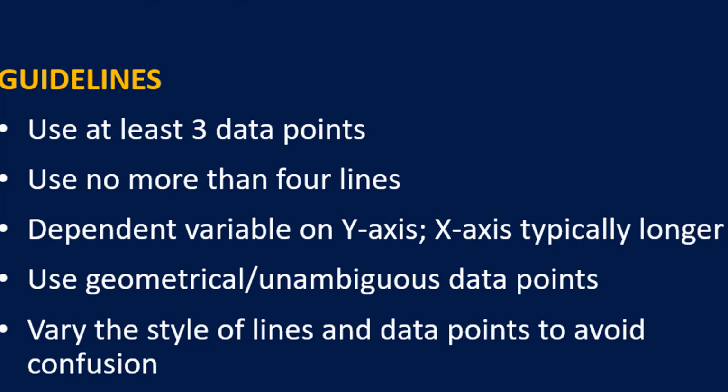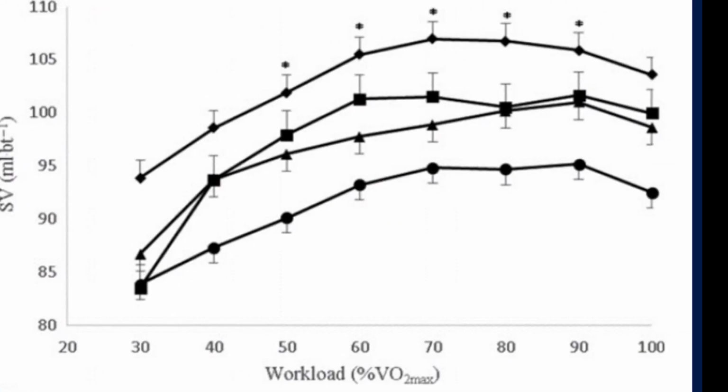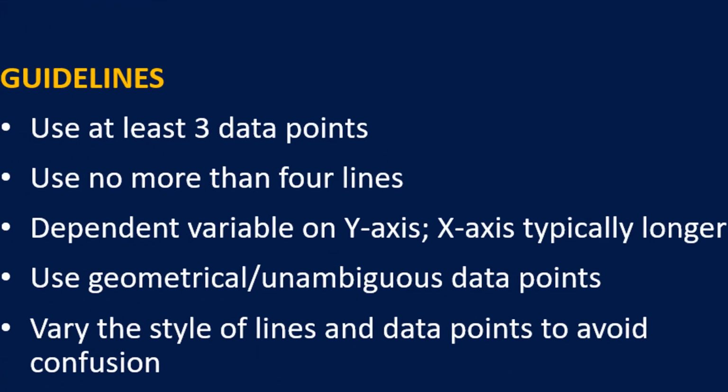So if you look at the top graph, you can see that each line has a different shape on it, and you can also see that asterisks have been used because they're denoting there must be some significant difference. And make sure that you use not only unambiguous geometric shapes, but make sure they are different so that it's obvious that you can see the difference between them.